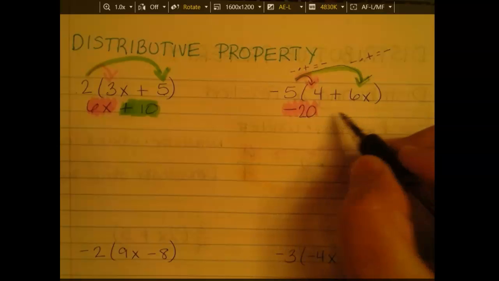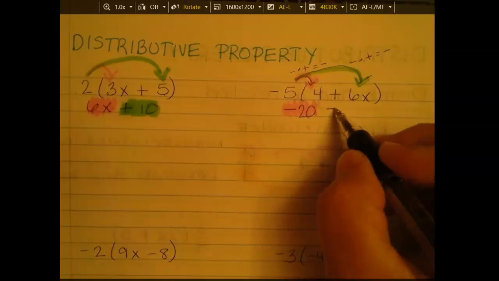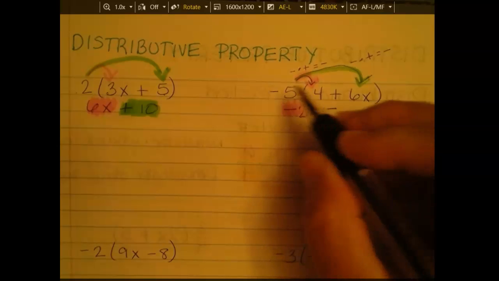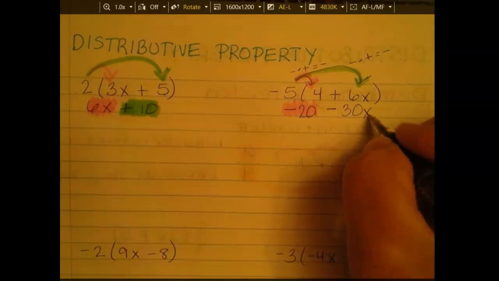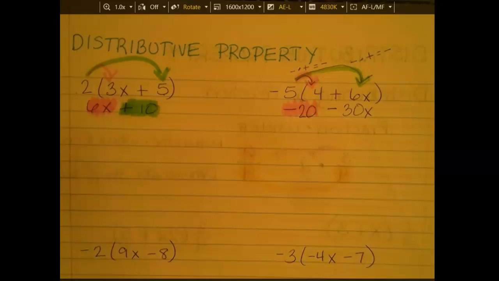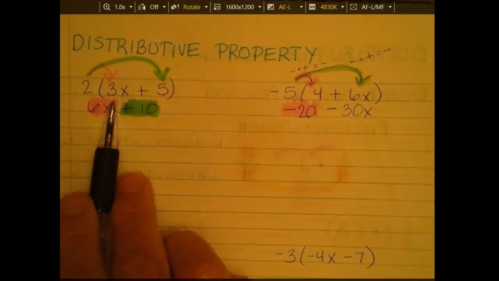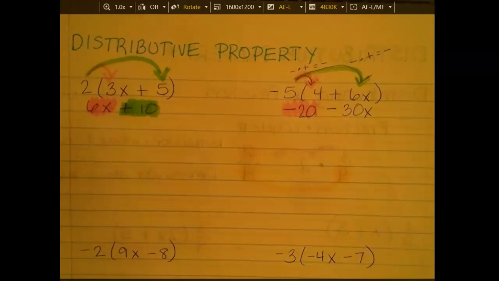I'm going to put a minus, right? And then I'm just going to say 5 times 6 is 30, and the x attaches. It doesn't matter that the x comes second in the distribution, whereas over here it came first. That doesn't matter, okay? It just matters that you keep it attached where it's supposed to be attached.